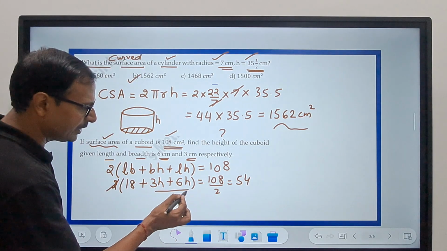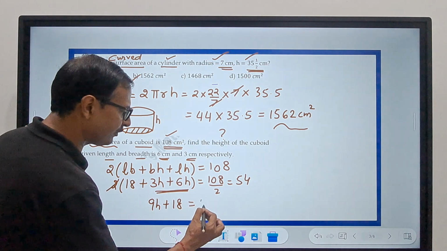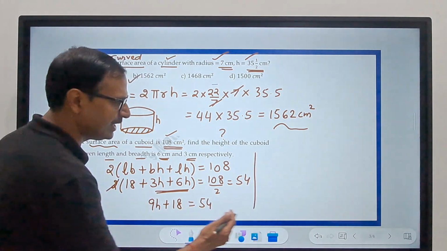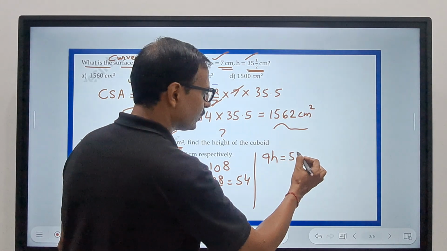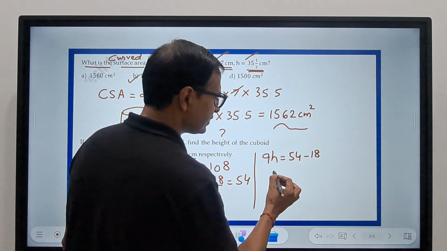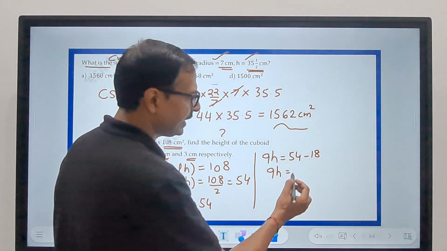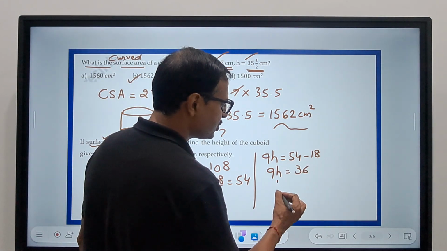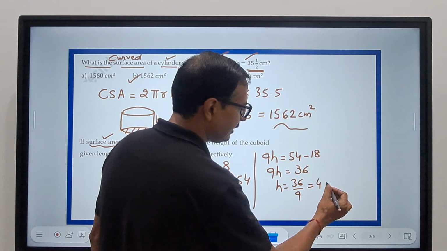And we have a like term here, 9H plus 18 gives you 54. And that's a pretty easy linear equation in one variable now, which will fetch you the answer for the question. And that answer comes out to be, now how much is 54 minus 18? It is 36, right? And so H is 36 upon 9, which is 4 centimeters.